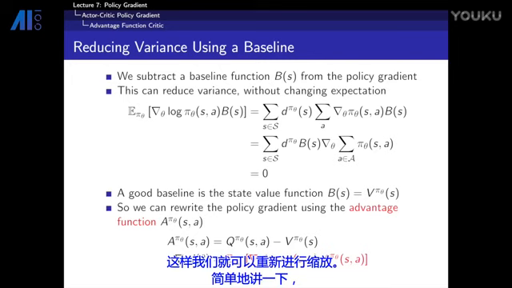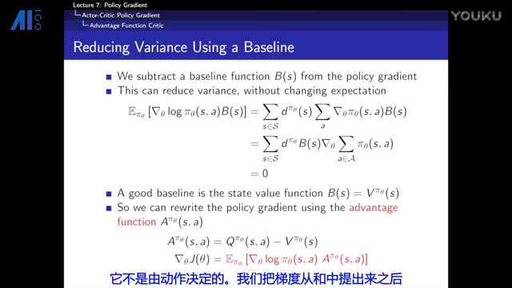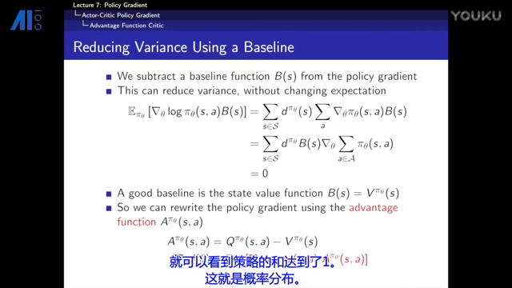Very briefly, if we expand this out, our expectation is again over states, multiplied by the gradient of our policy, multiplied by the baseline. We can pull the baseline outside of this sum because it doesn't depend on the action. We can pull the gradient outside of the sum, and we know that our policy sums up to 1.